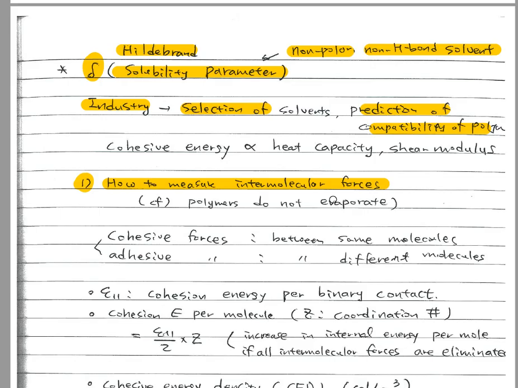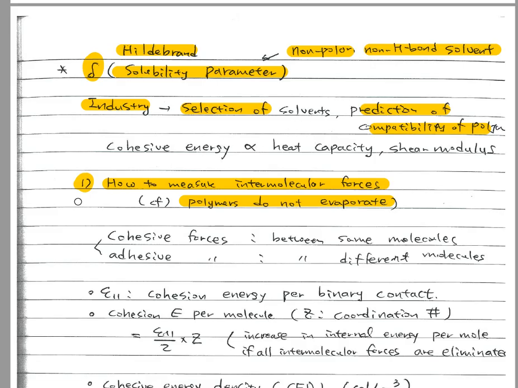Then by measuring the delta H upon evaporation, we can determine the intermolecular interactions of the samples in liquid phase. Okay, that's the easiest way. But the problem is polymers do not evaporate. If you heat up the polymer samples, as I mentioned, they degrade.